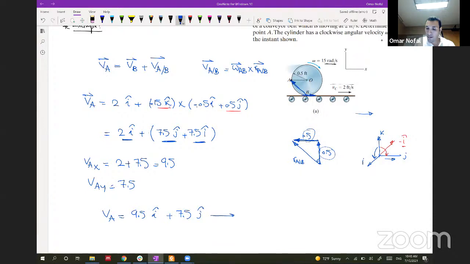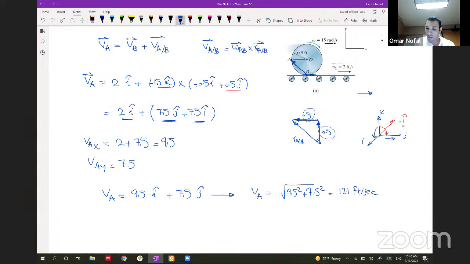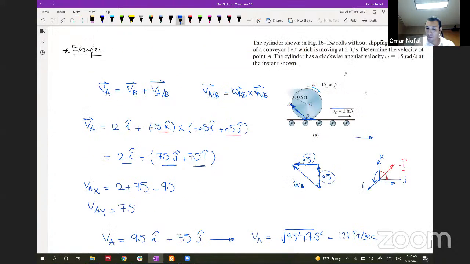If we want to get a magnitude, it will be the square root of 9.5 squared plus 7.5 squared, and this should be equal to 12.1 feet per second. And if you want to get the theta, it will be tan inverse of 7.5 over 9.5, and this should give you 38.29 degrees. And actually that makes sense if we look at A.